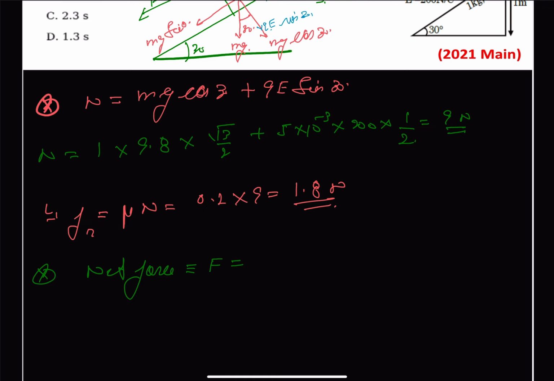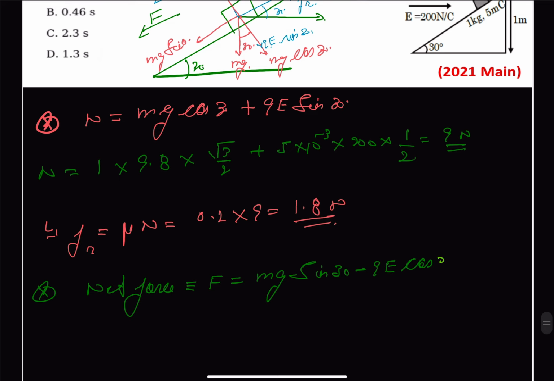So we are going to have F equal to mg sine 30 minus QE cos 30, and we have frictional force also in the upward direction.